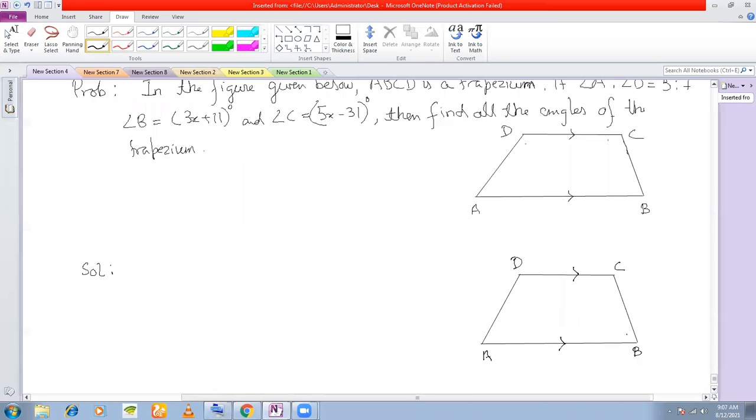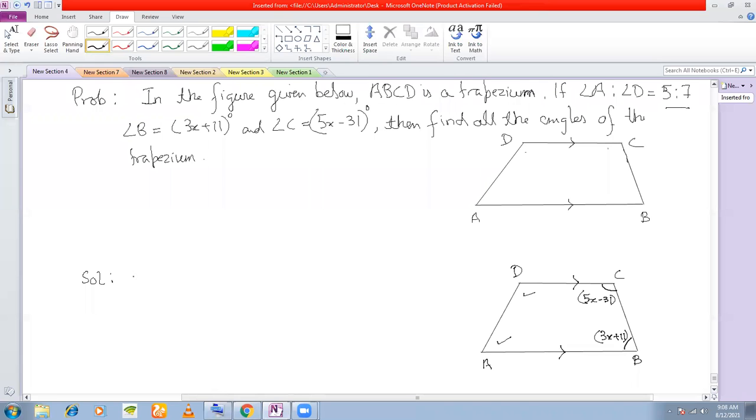Angle B is given to be 3x plus 11. So this angle, let's label it as 3x plus 11. And angle C is given to you as 5x minus 31. These two angles are given. Now the ratio of these two angles is given, right? What is the ratio? 5:7. So angle A is to angle D is equal to 5:7.